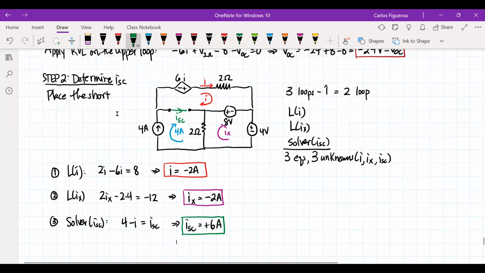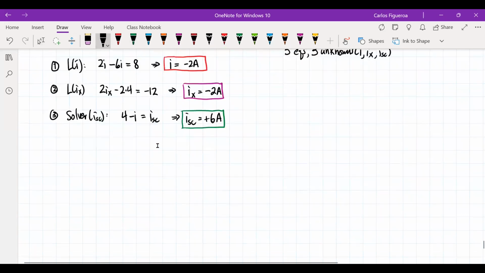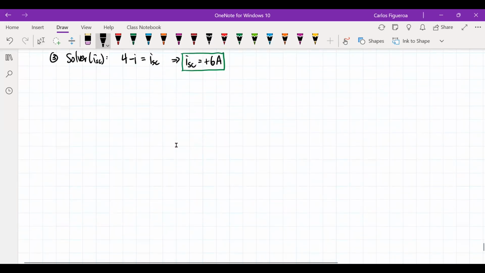So now I could calculate my Thévenin resistance. So my Thévenin resistance goes like this.